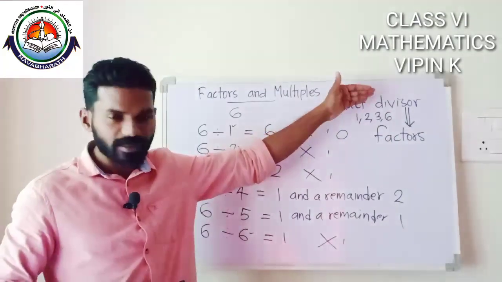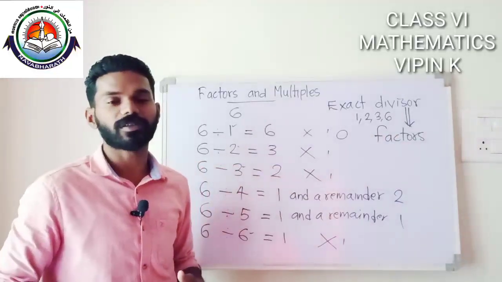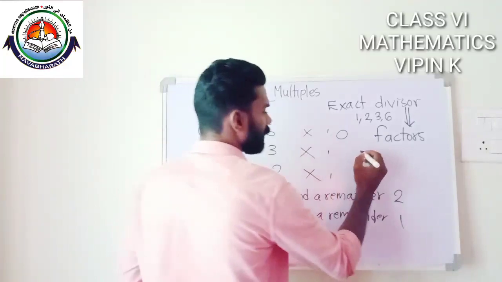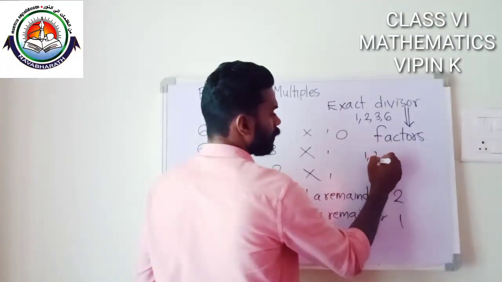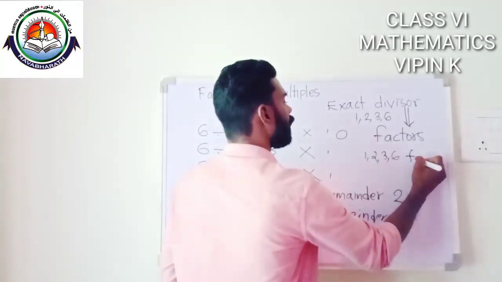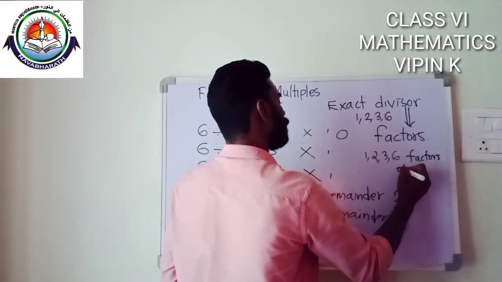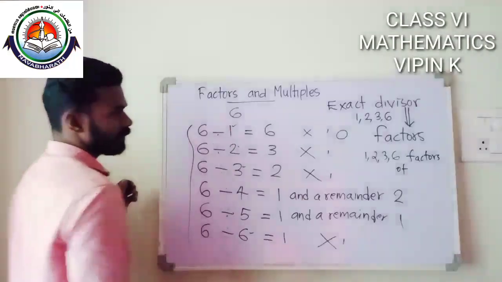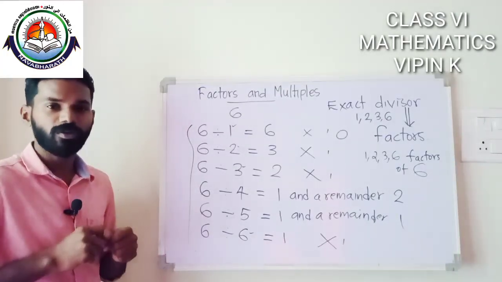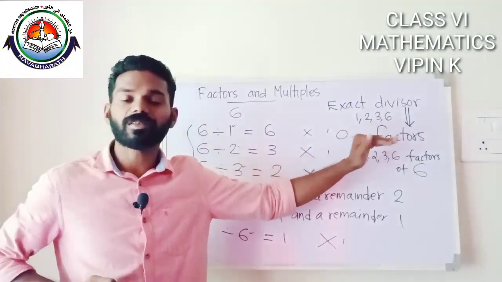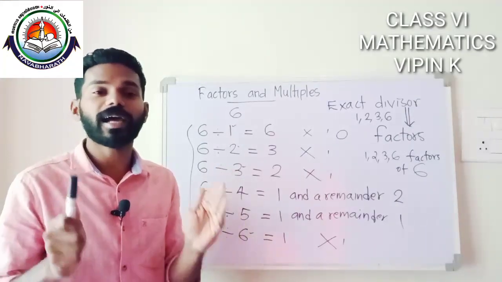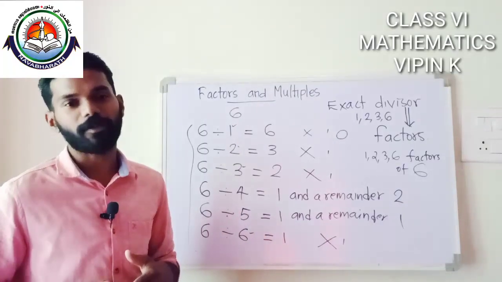And such an exact divisor is called a factor. Or in other words, we can directly say that 1, 2, 3 and 6 are the factors of the number 6. So this is how the concept of factors is defined. Simply, factors are the exact divisors of a number.